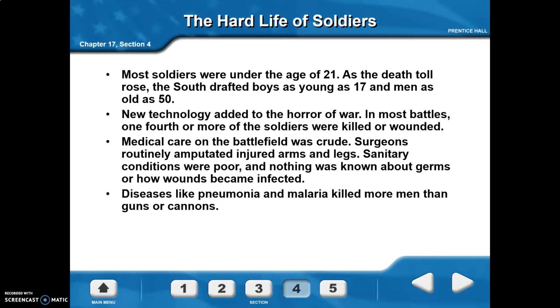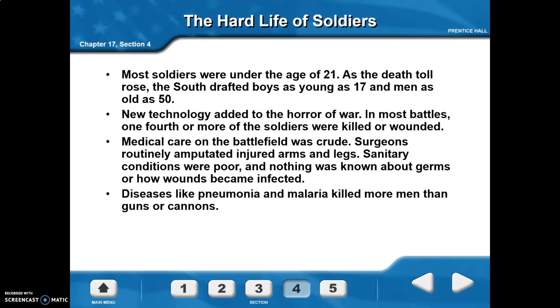And if you were wounded, many times the doctors that were there, or the surgeons, would amputate your arm or leg just because.